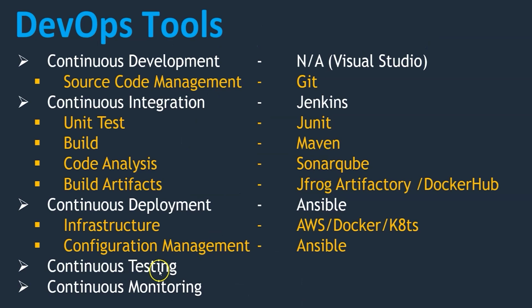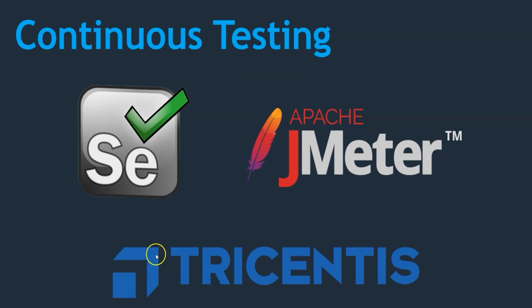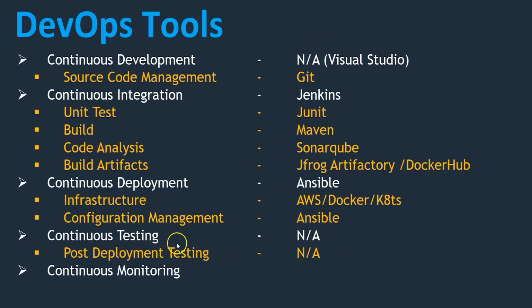Then continuous testing. Here, in most cases testing is done by a separate team. So even though it is part of the DevOps flow, we don't maintain the testing because again it is huge. The continuous testing tools are Selenium, Apache JMeter, Tricentis. We are not dealing with these continuous testing tools, so we can skip it.